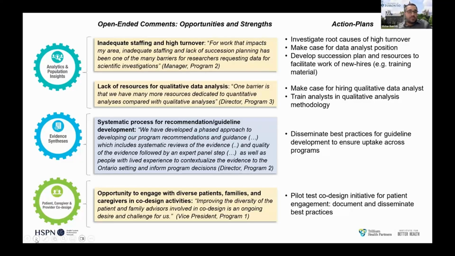Some of the actions we could investigate is exploring what the root causes of that high turnover could be. Maybe develop a succession plan and resources to facilitate new hires or training materials. So that could be an area of focus so that we can ensure that continuous ability to use data and collect data and mitigate that high turnover, for example.